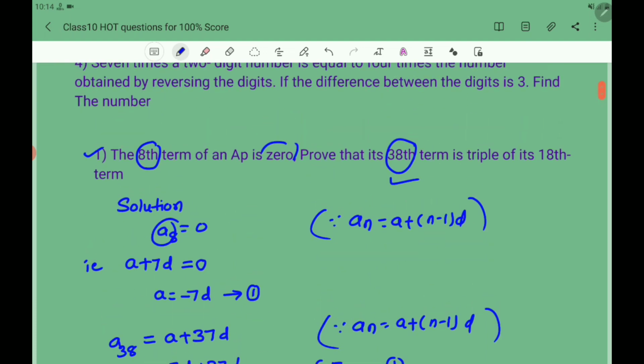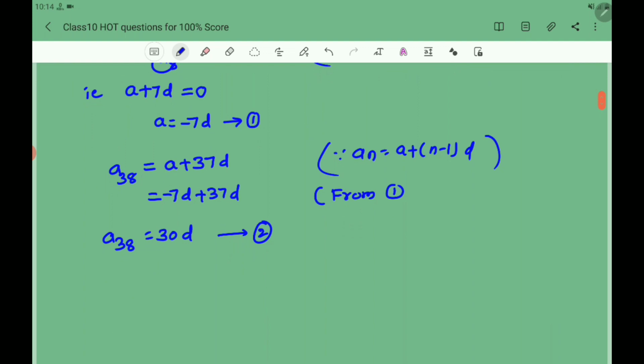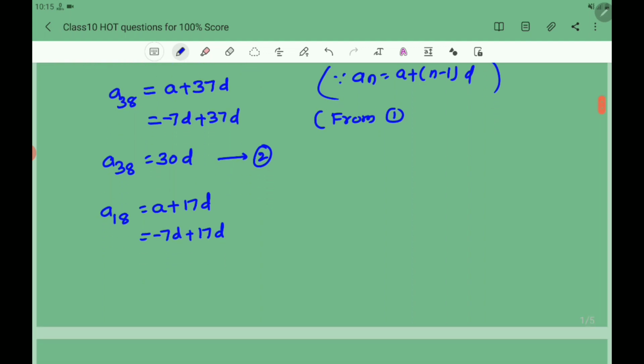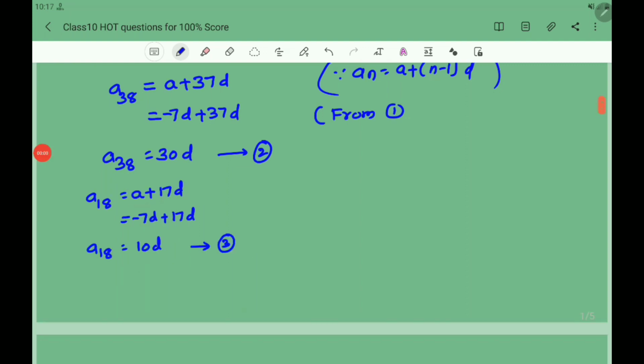The next, 18th term. A18 equals A plus 17D. That equals A is minus 7D plus 17D. That is A18 equals minus 7D plus 17D is 10D. So you consider this is third one.